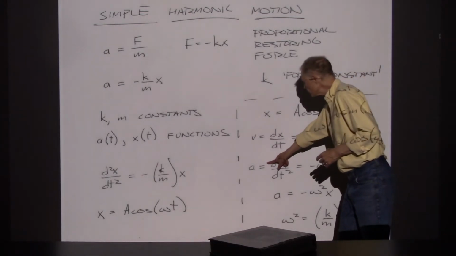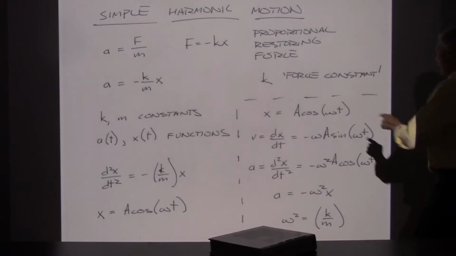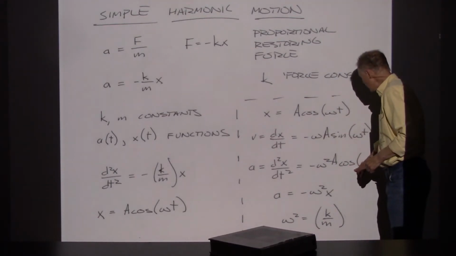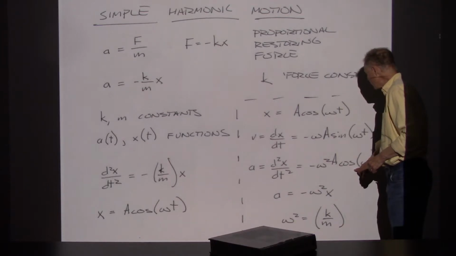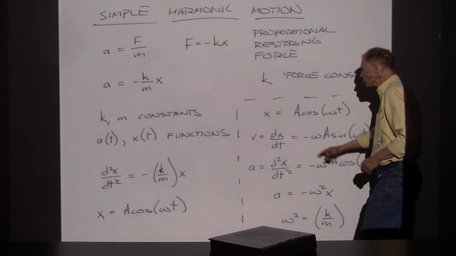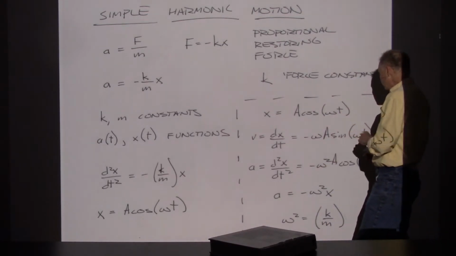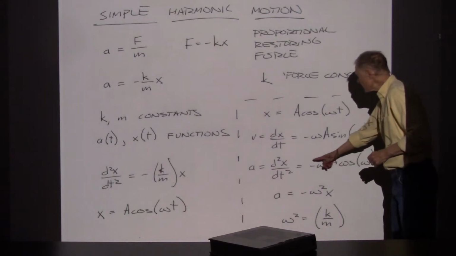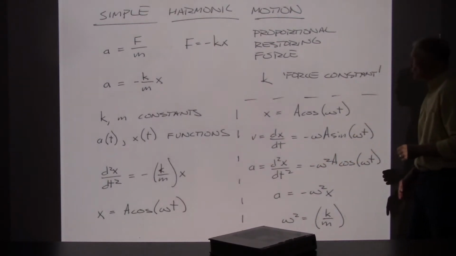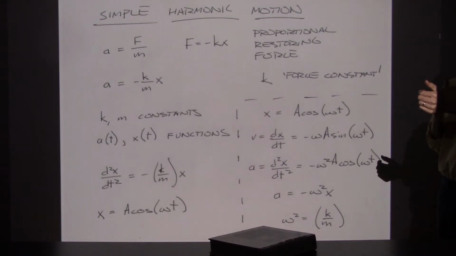Now the acceleration is one more time derivative, and that means that the acceleration is going to be represented by a cosine function, and that matches with the displacement. More specifically, it's a minus cosine function. So in some sense, it's exactly opposite the displacement.